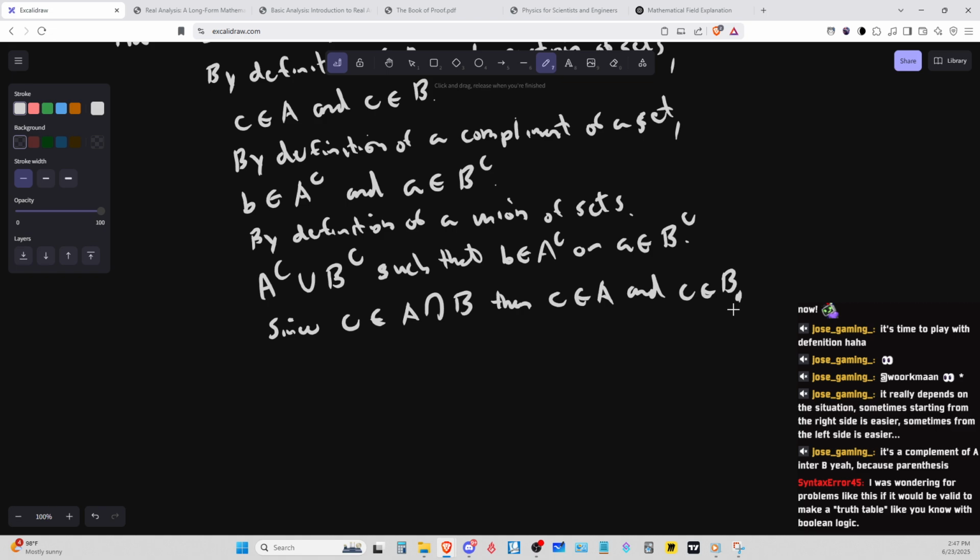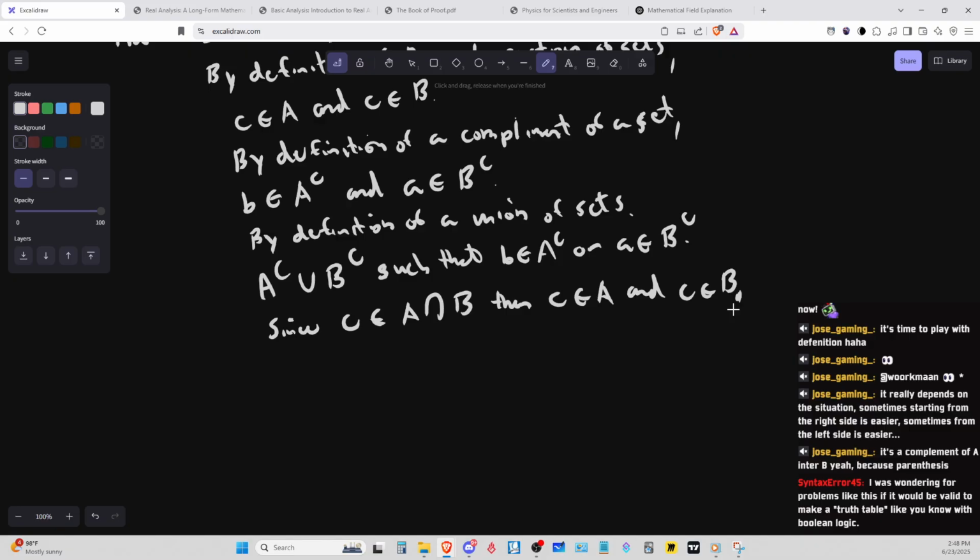I was wondering for problems like this, if it would be valid to make a truth table, like with Boolean logic. Yeah, it would. You could make a truth table. I just find it very tedious to make it. I'm not making it because I'm kind of lazy.